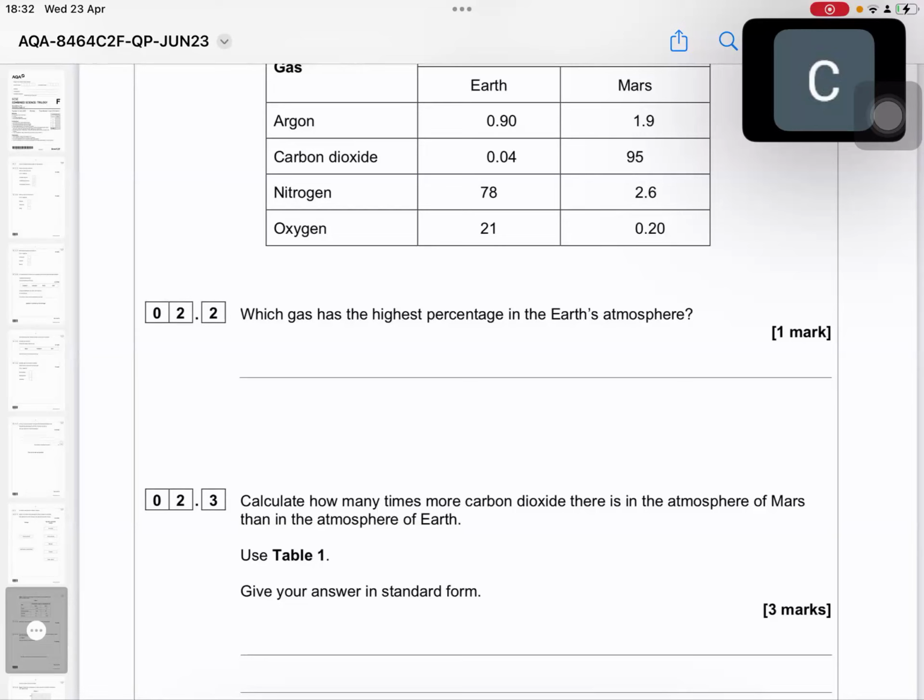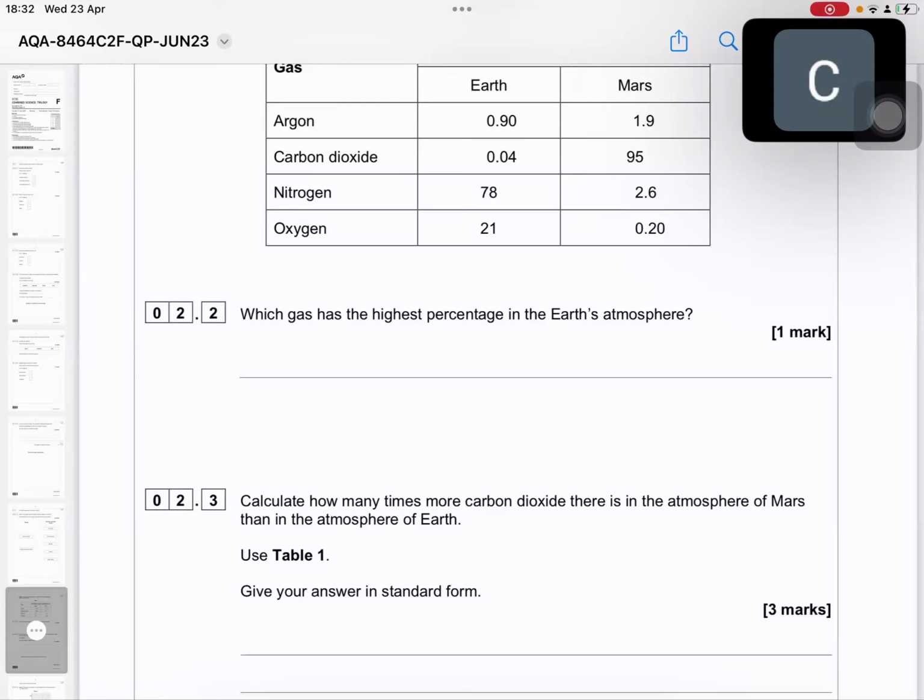Another way we could say it is 95 divided by 0.04. So what did you get? 2,375. Wow, that's a huge number. But if that's it, then that's it.